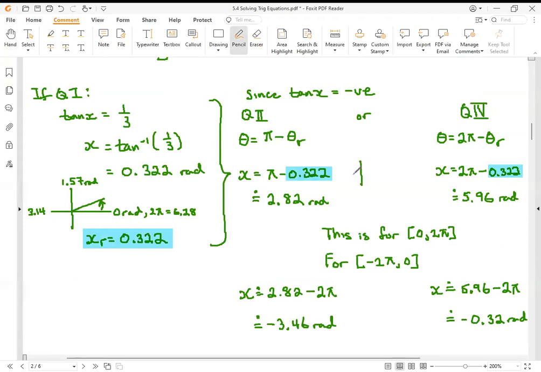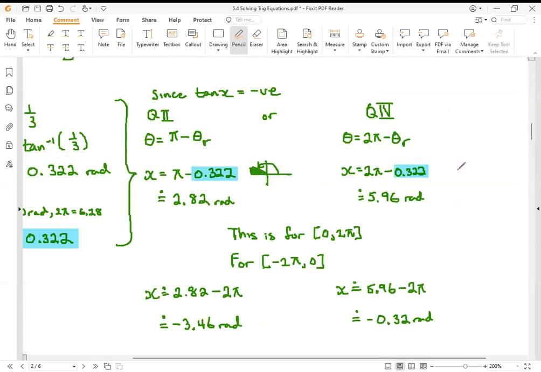If you remember, this right here is a full pi minus the acute related angle. And same with that one. Let me see if I could draw a mini. That's 2 pi minus this little piece.